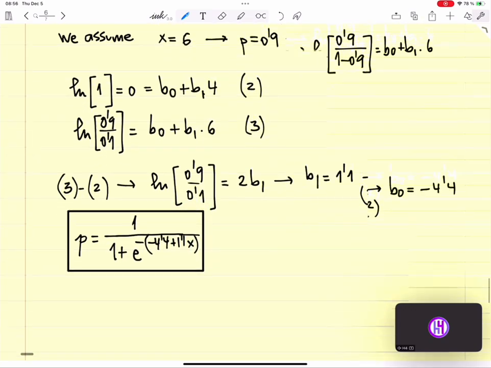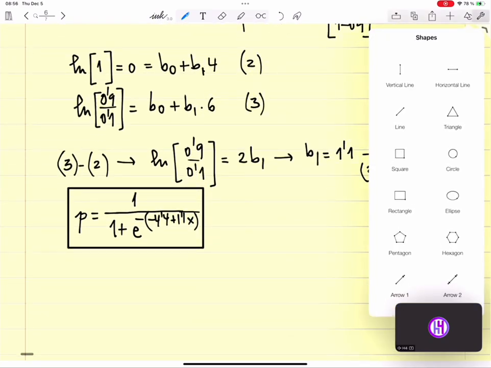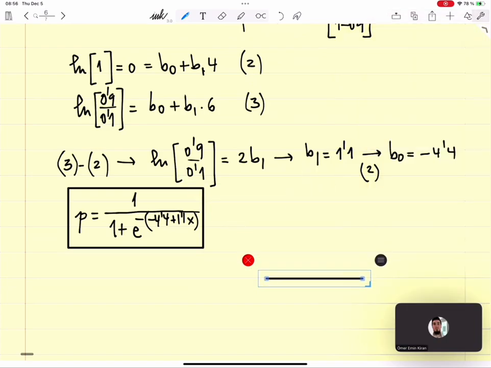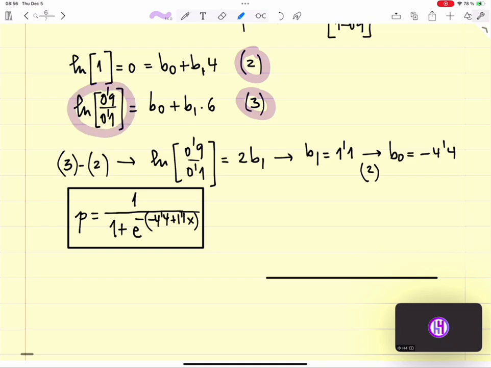So this curve looks like this. Yeah, I subtracted this from this. So this minus 0 is this. b0 minus b0 is 0. And then b1 times 6 minus b1 times 4 is 2 times b1. Yeah, no problem.